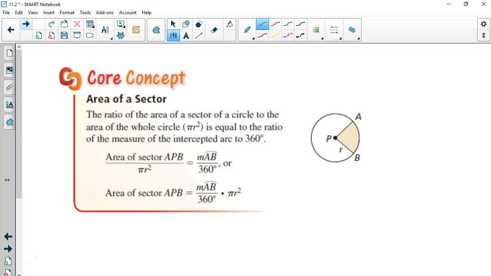So the area of a sector is the measure of the arc divided by 360 times pi r squared. Let's think about that, what that means here. Pi r squared is the area of the entire circle. This is the portion of the circle. The measure of AB divided by 360, which is going to give us the area of just that portion.